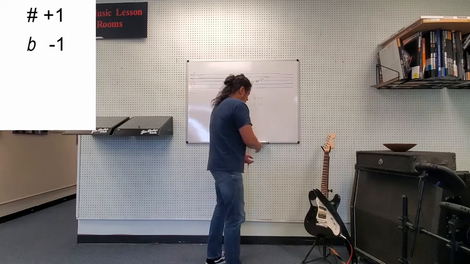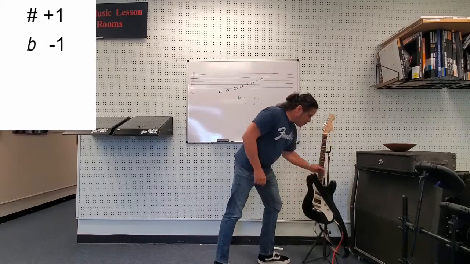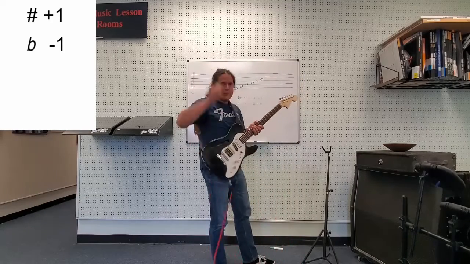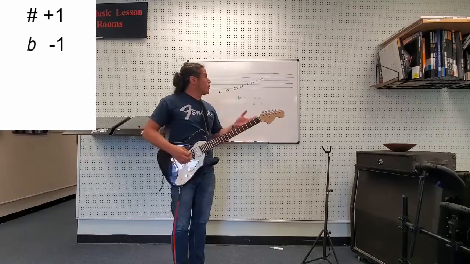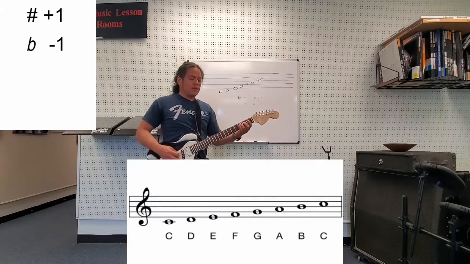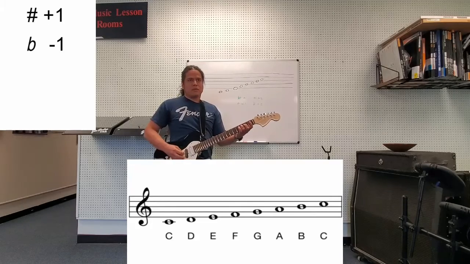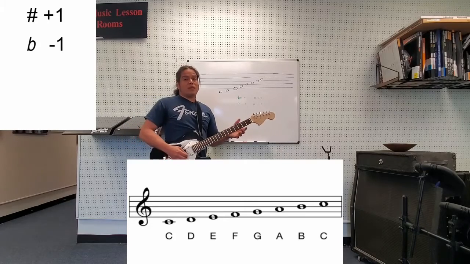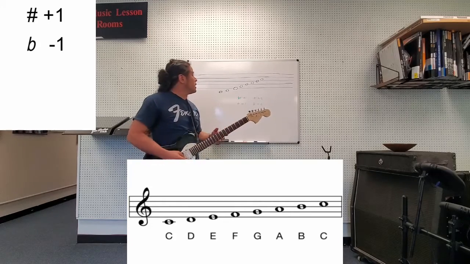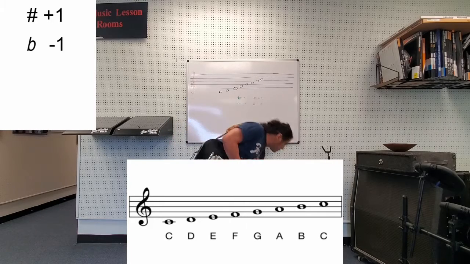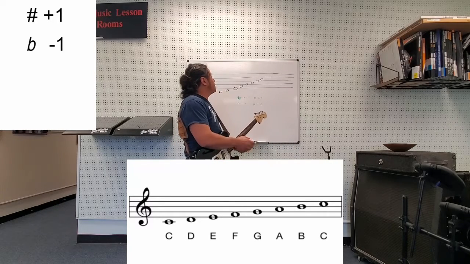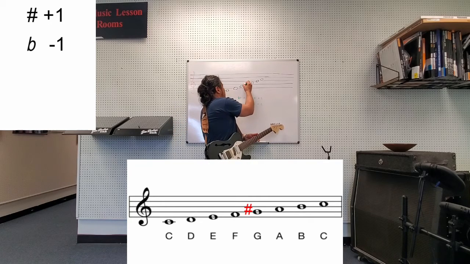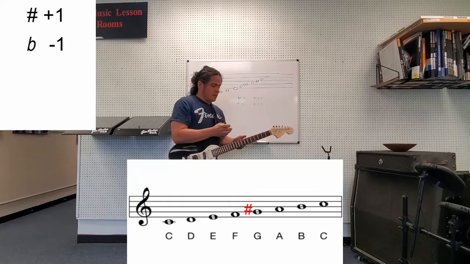Okay, so if we look at the notes that we had before, right now I have the scale, just the first octave, so we have those notes going on. If we take this note and we erase it, so we make this note a sharp, right?